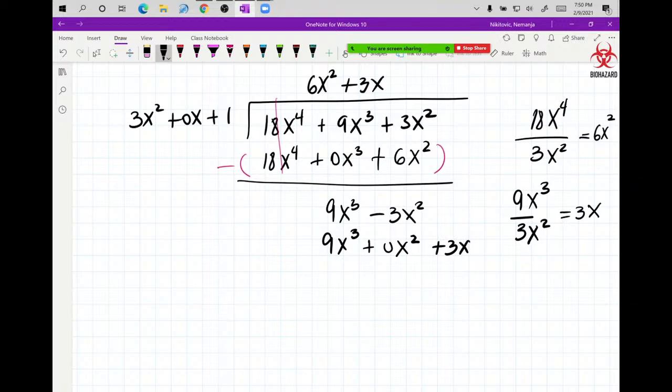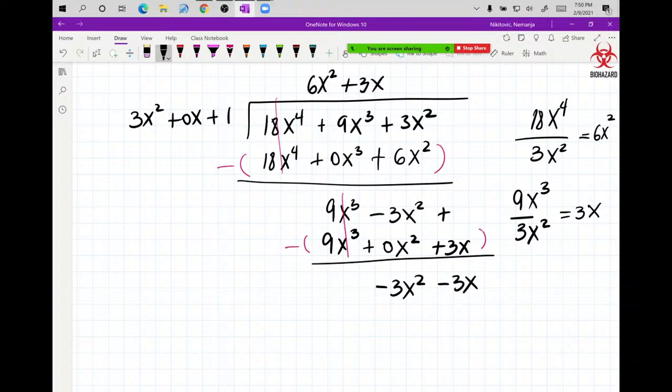So that 0x could be useful here, but it's kind of at the end, so you know it's a 0 above. It's not as bad as the other ones when they're missing in the middle. Subtract everything, the first ones cancel. And you have your minus 3 minus 0 is minus 3x squared. And then you have 0 minus 3 minus 3x, right?